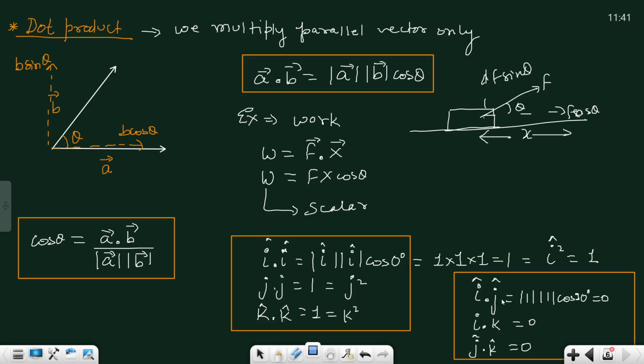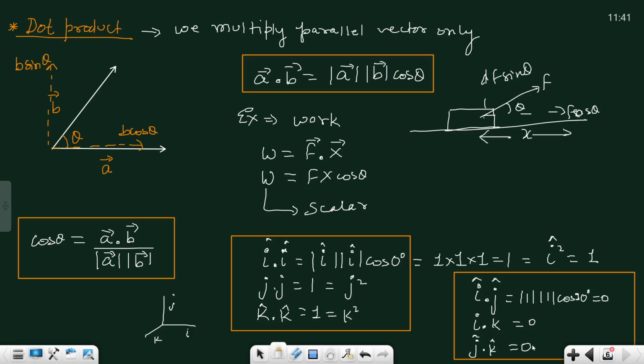And when you go for the dot product of perpendicular unit vectors, I dot J, because I, J and K are mutually perpendicular to each other, the angle will be 90. So cos 90 is 0. So I dot J is 0, I dot K is 0, and J dot K is equal to 0. Clear?